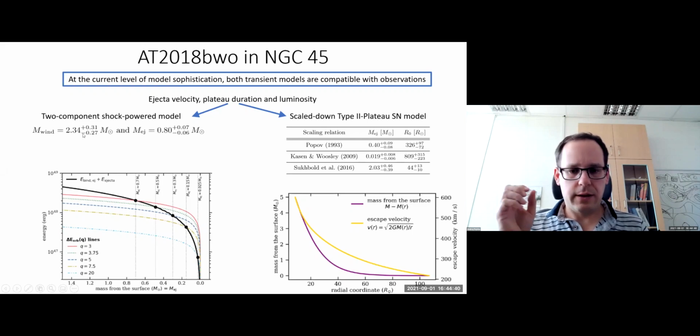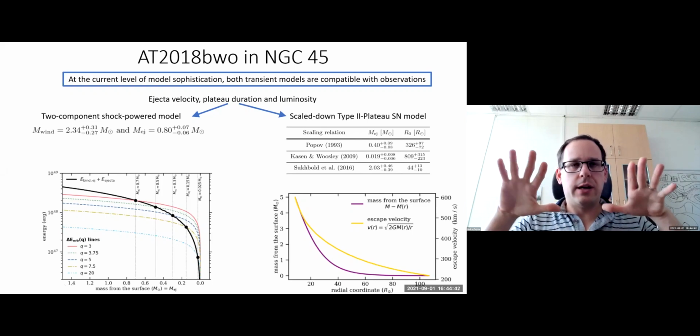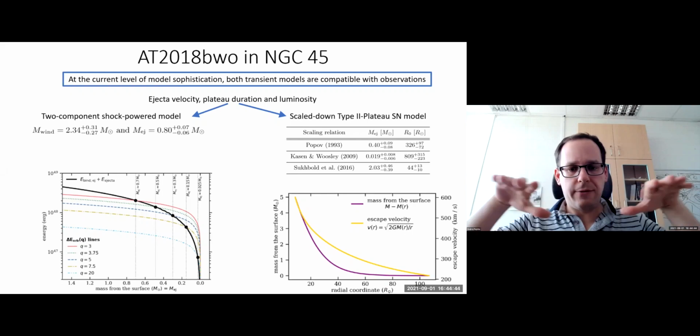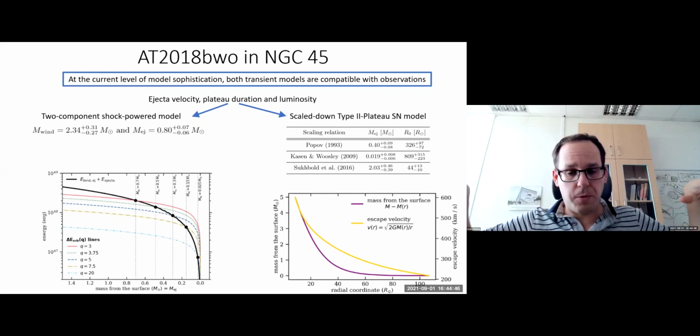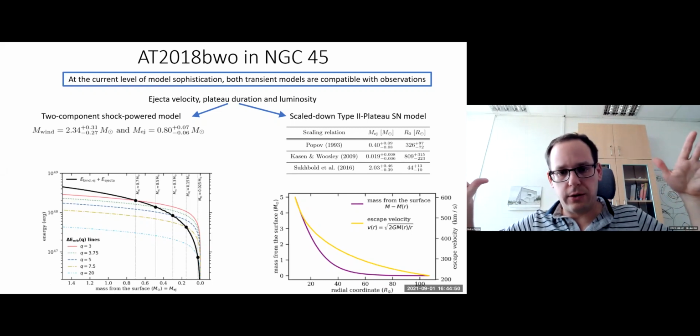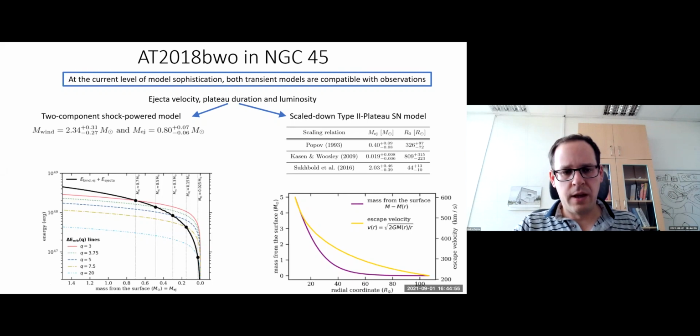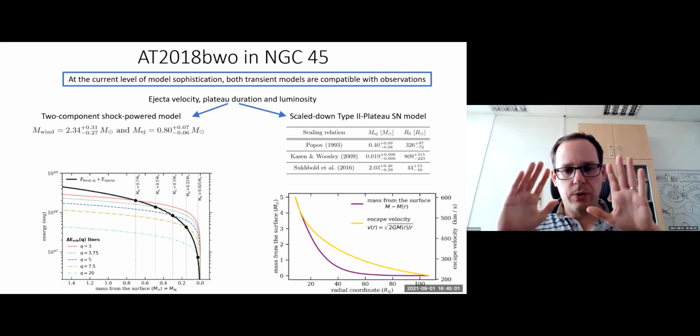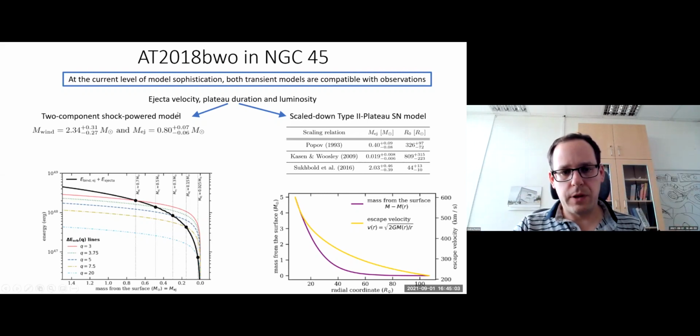Mass of the wind, in this case, is understood as the mass that is gradually lost from the binary before the dynamical event occurs. And we find two solar masses, which is roughly compatible with binary evolution. Mass of the ejecta is the dynamical component that goes out faster and collides with the pre-existing distribution. And we find that it's a few tens of solar masses, again in agreement with the common envelope formalism.